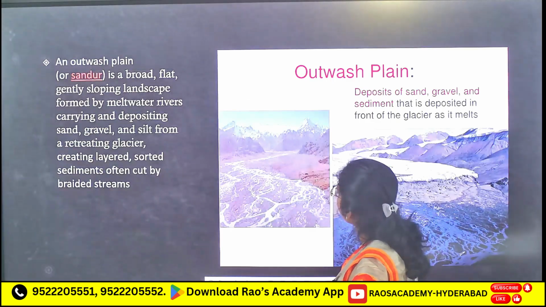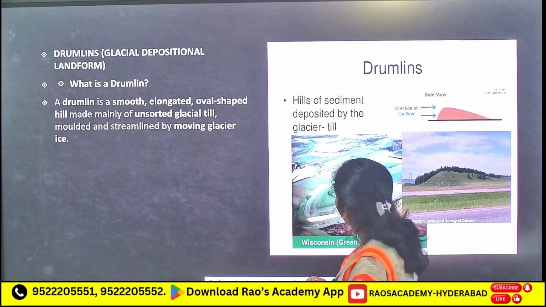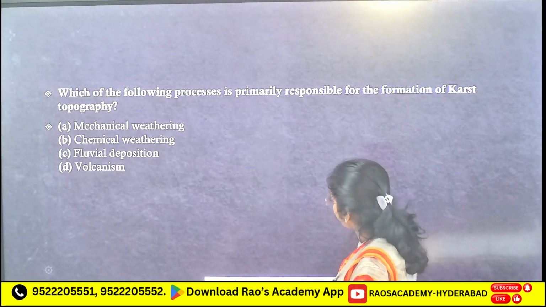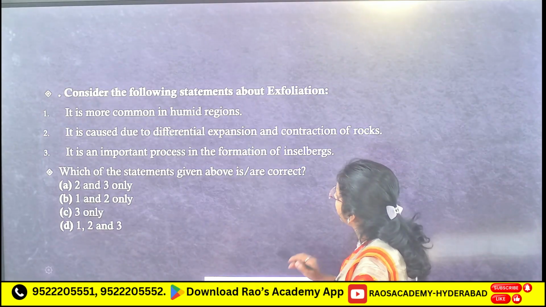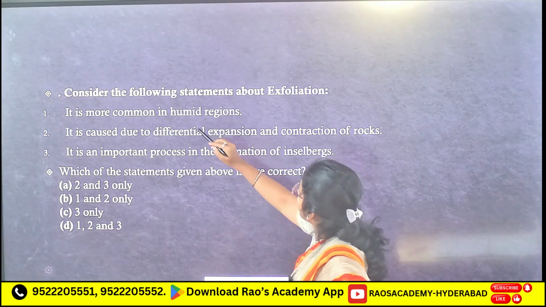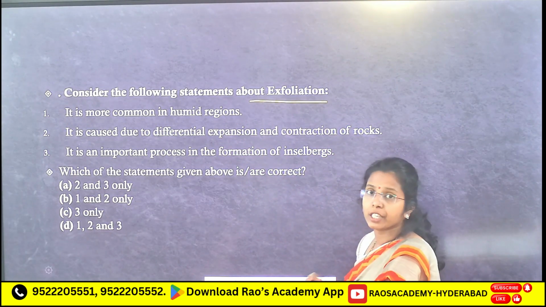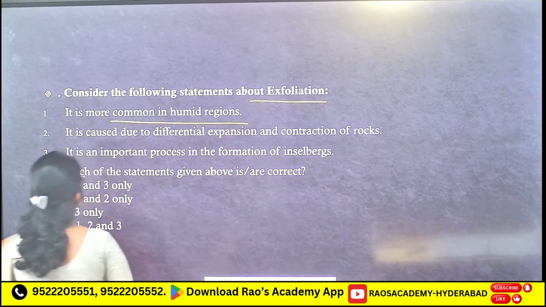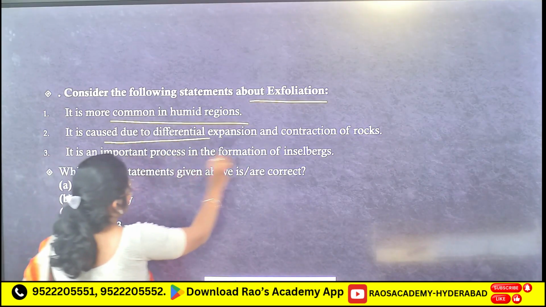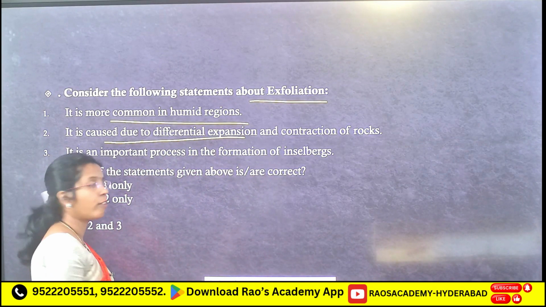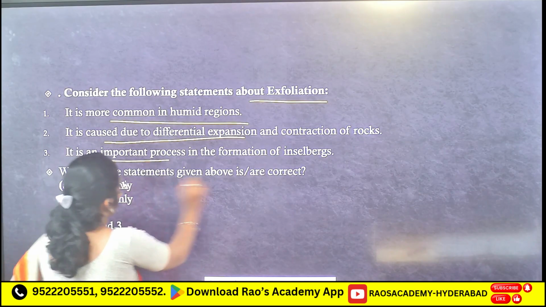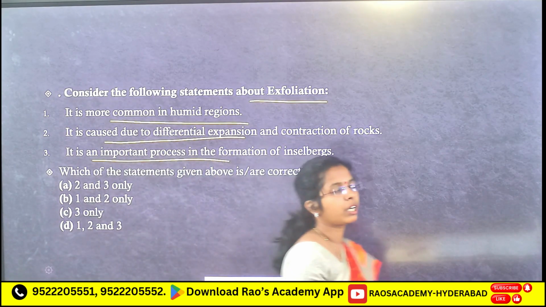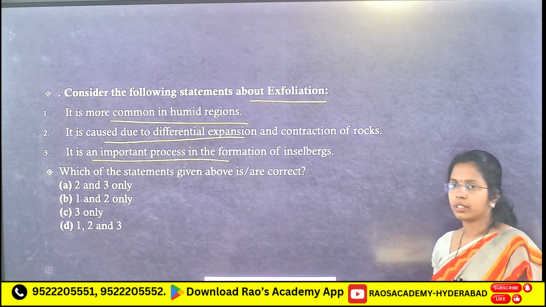First we will solve some MCQs. Consider the following statements about exfoliation. We have learned about exfoliation. One, it is more common in humid regions. Two, it is caused due to differential expansion and contraction of rocks. Three, it is an important process in the formation of inselberg. Inselberg we are going to discuss.